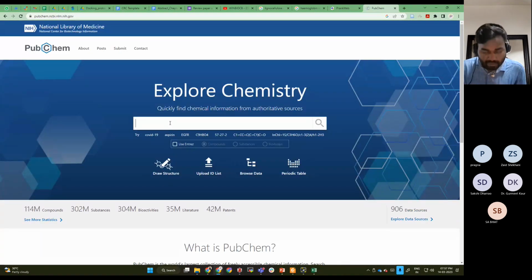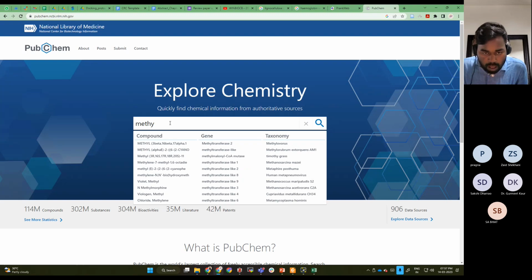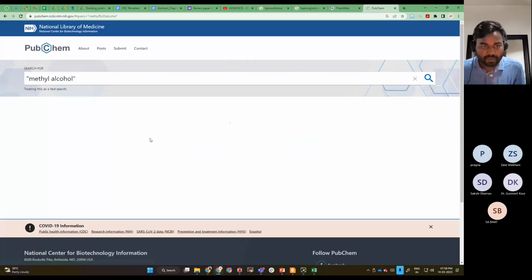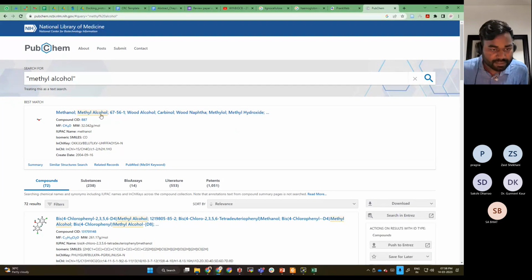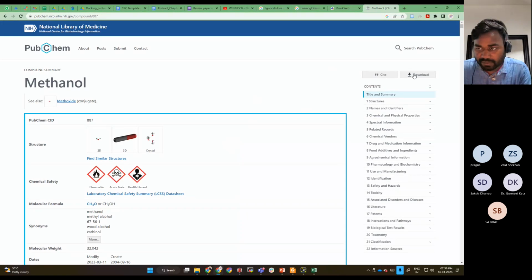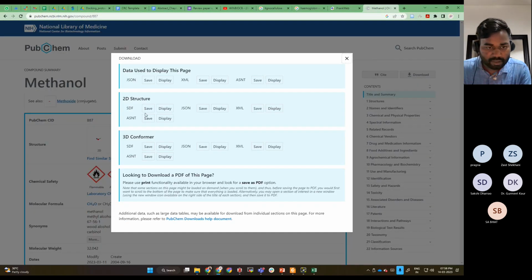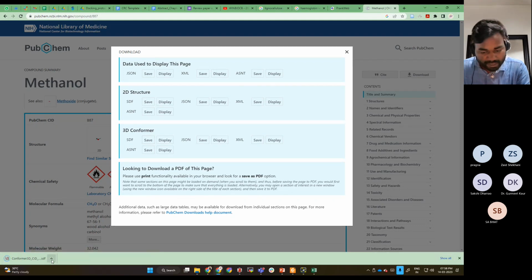For the time being, I will only take water or methyl alcohol, methanol. Because it has a smaller structure, that is why I am downloading it. Download the 3D SDF format and save it in that folder.